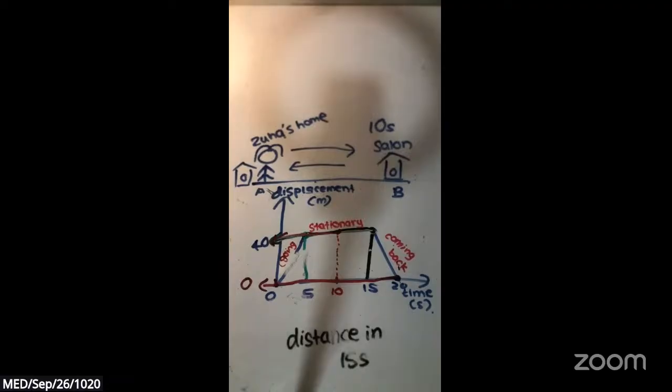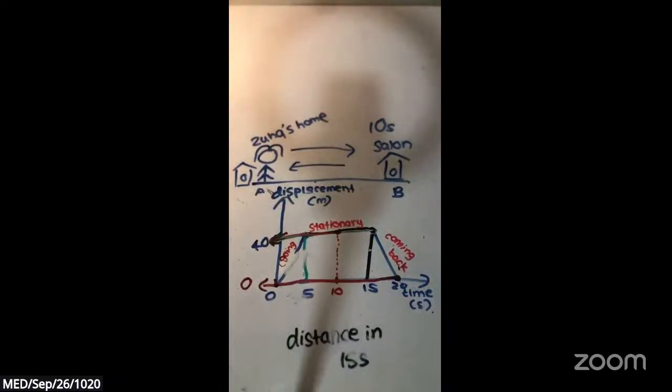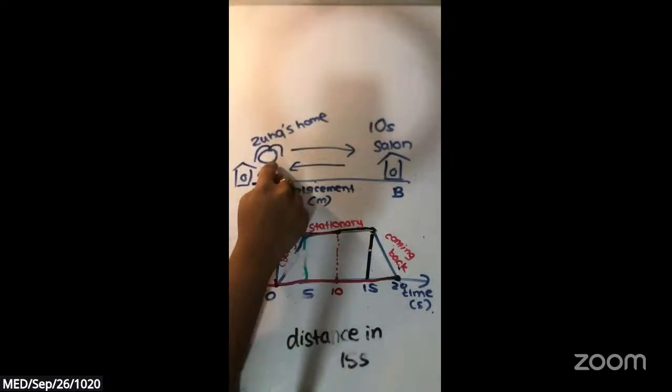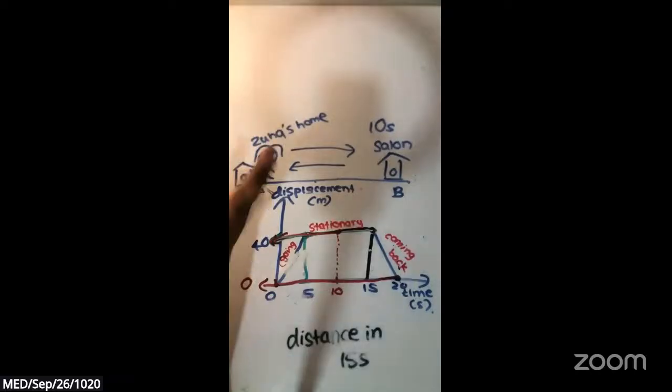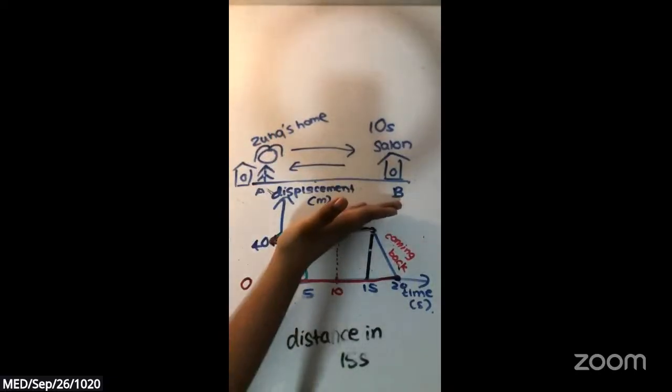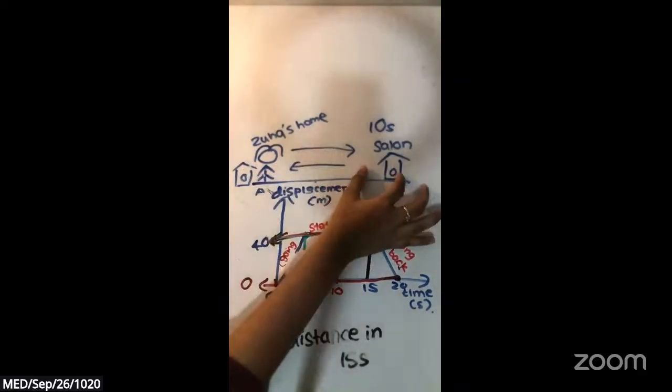Now let's say they are asking the distance from her house to the salon. Displacement means you just talk about her going in that direction, Zuha's house to the salon.